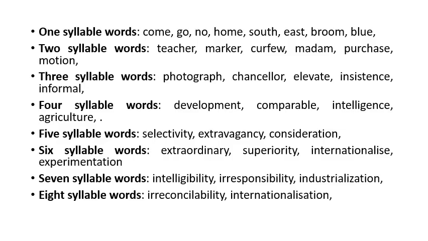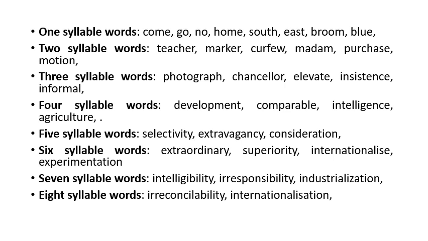So here are more examples of different words with different syllable structures. Examples of one syllable words: come, go, now, harm, south, east, broom, and blue. Two syllable words: teacher, marker, curfew, madam, purchase, motion.